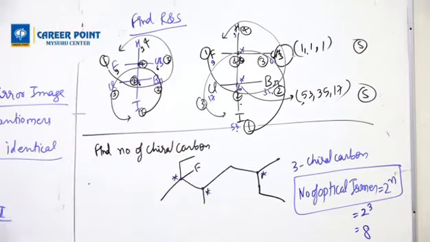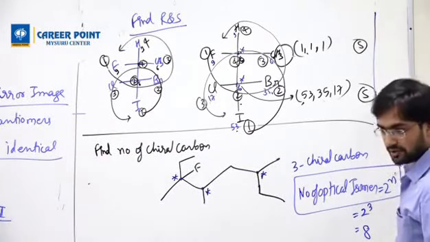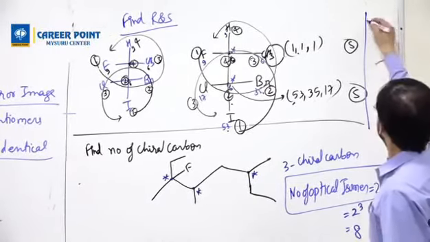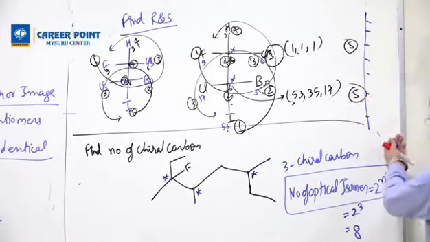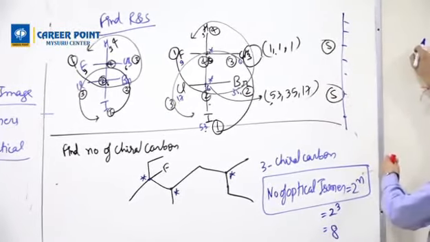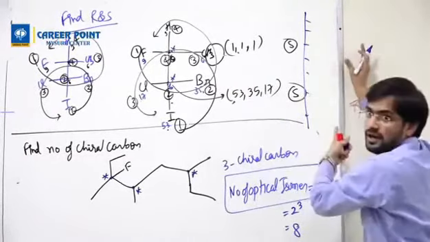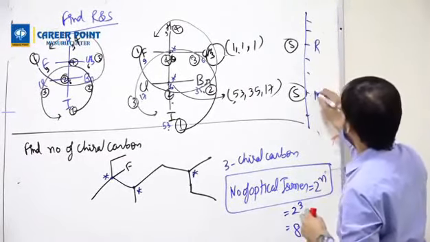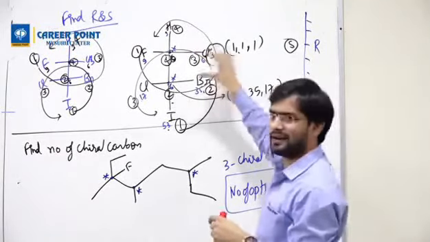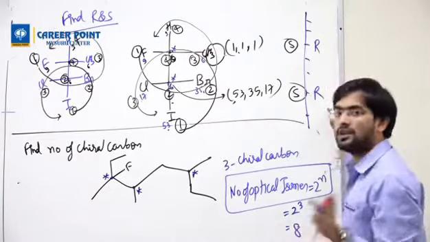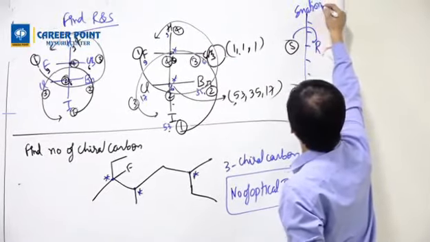Okay, one more point I'll tell you. This is coming in exams, right? If this is SS, and you have another compound here, which I do the same way, and I get R and R for both carbons, a different compound with the same arrangement but another way, then these 2 are enantiomers.